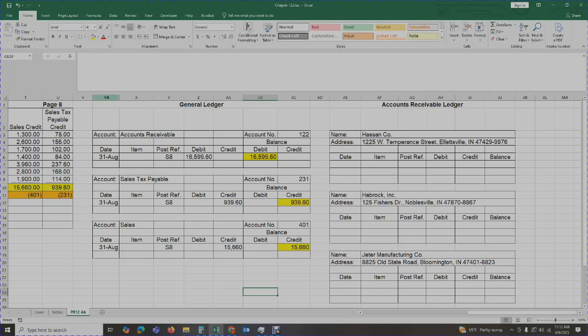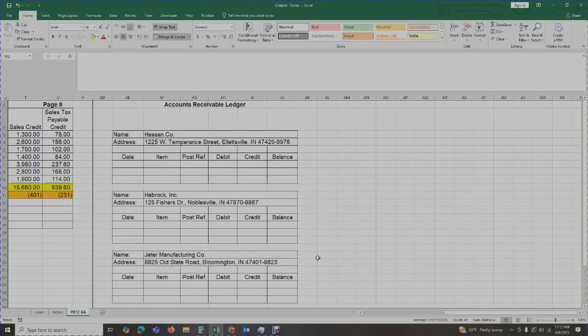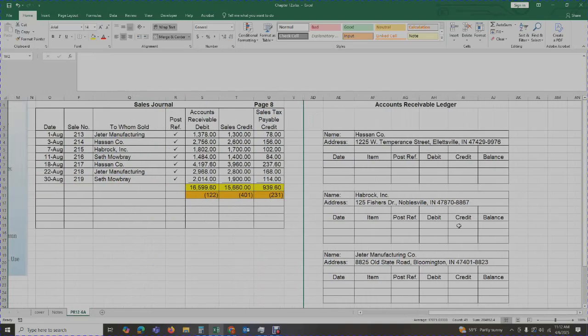I'm going to go ahead and hide this for now, so I can look at my sales journal information right here. Okay, so I'm going to look at Hassan, and I am going to locate how many entries I have for Hassan. We're going to work in order.